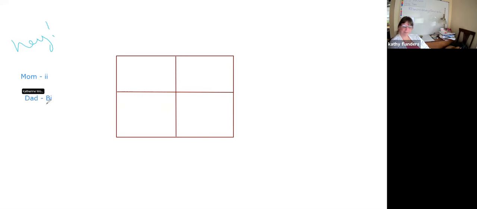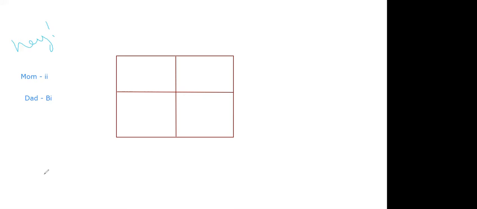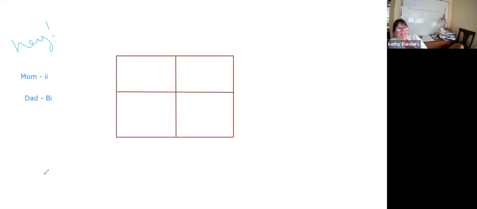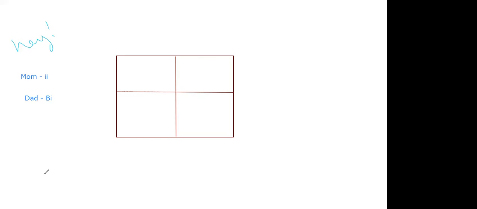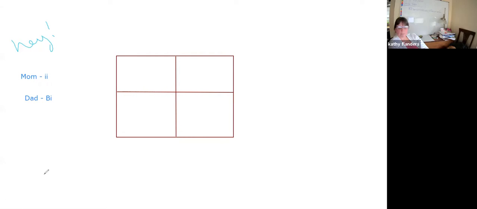Are we stuck? There we go. So he can be B little i, right? Or he could be I with a capital B. That's the proper nomenclature. I don't care that you use it as long as you understand it. So what else could he be? What are his choices? Is there one with 2 capital B's? Yep, exactly.